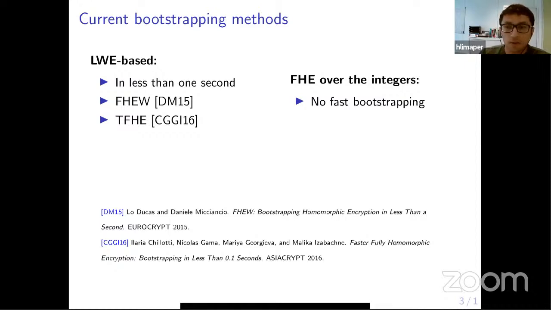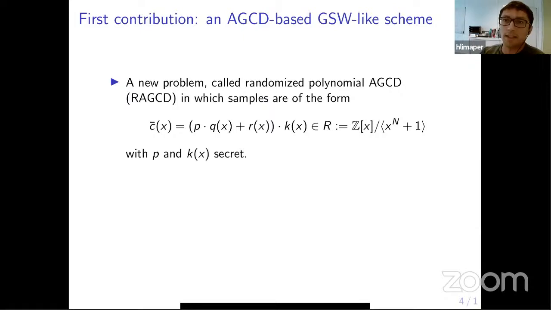I will now briefly present what I did in this paper to try to close this gap. The first thing was proposing a GSW-like scheme based on this problem. First, we defined a new problem, which we call RAGCD.